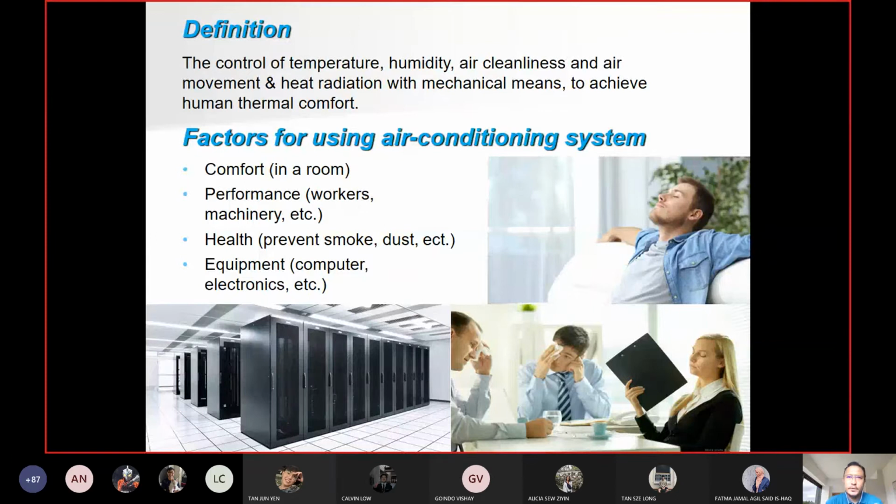But as you know, aircon is not only used for human comfort; it's also used for other things. Those are other factors for using an air conditioning system. Number one I already mentioned. Number two is for performance, performance of workers and also machinery.